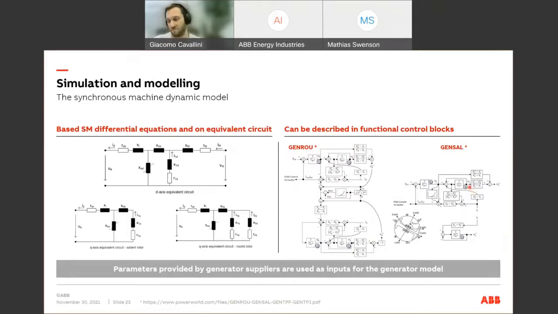There is a very famous model typology that is used quite often in North America, for example, or in other markets. Now there is also the GENTPJ. But here, mostly the parameters of the model matter. The model itself is a standard library, usually of simulation software, and the parameters are normally given by the generator suppliers. So that's normally the approach there.